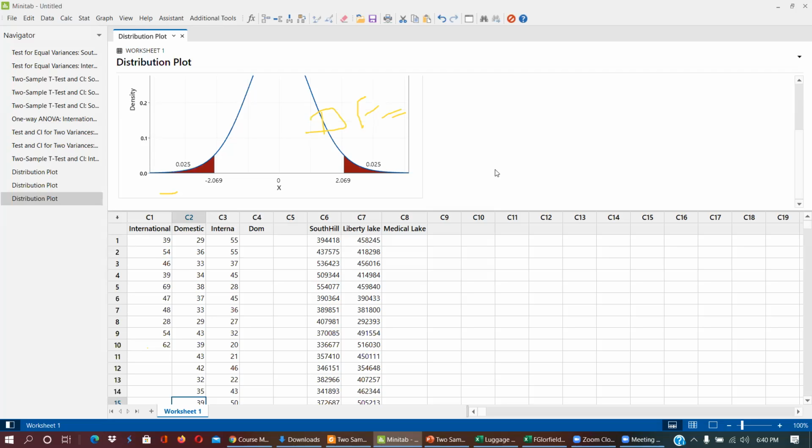And I'm sorry, it's asking for the test statistics. I feel like I'm not understanding what you're saying. The test statistic is coming directly from the Minitab, which I just showed to you.